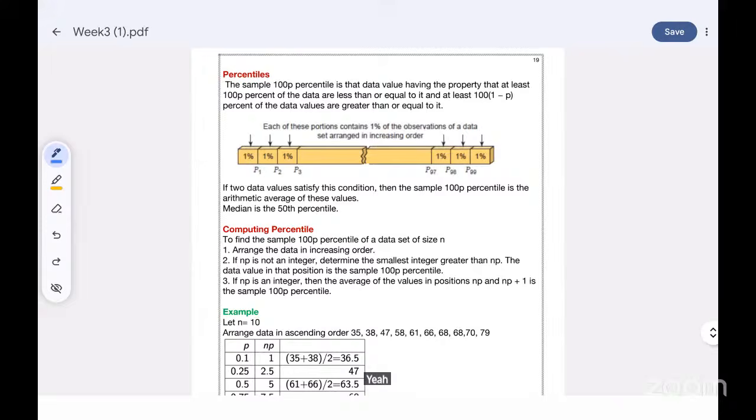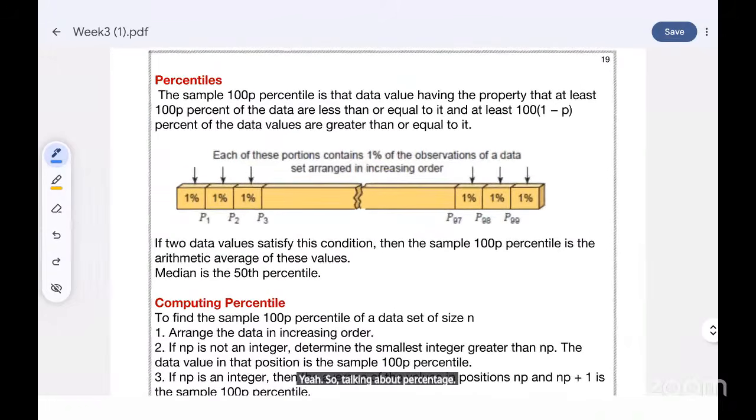Talking about percentiles, how do we understand them? The sample 100p percentile is the data value having the property that at least 100p% of the data values are less than or equal to it, and at least 100 times (1 minus p)% of the data values are greater than or equal to it. What does it mean?